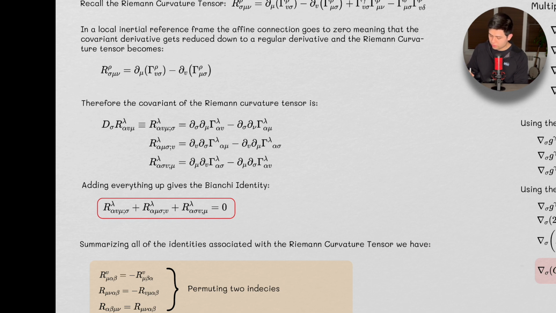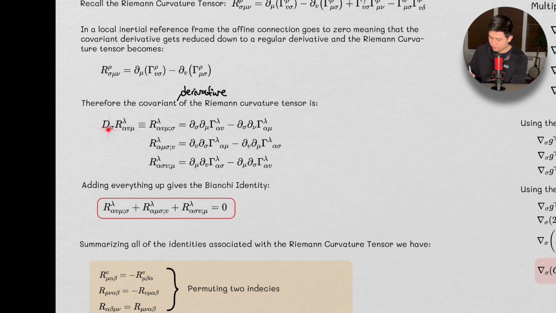So therefore, the covariant derivative of the Riemann curvature tensor, sometimes there are typos in this that I just overlook, is going to look like this.